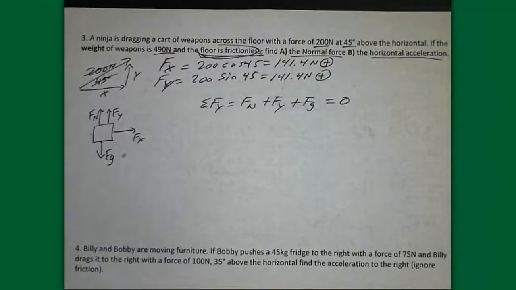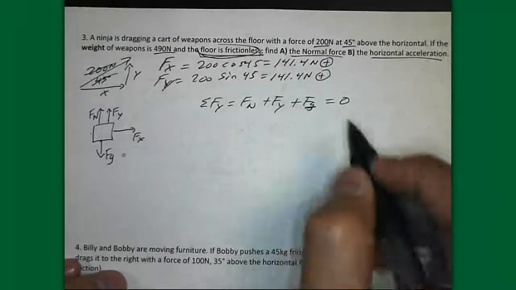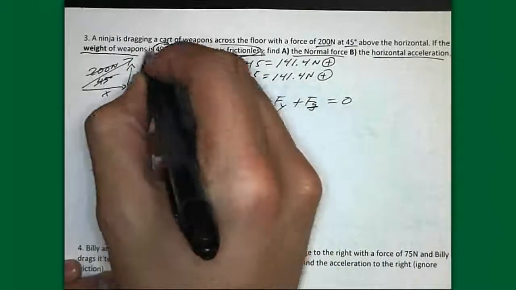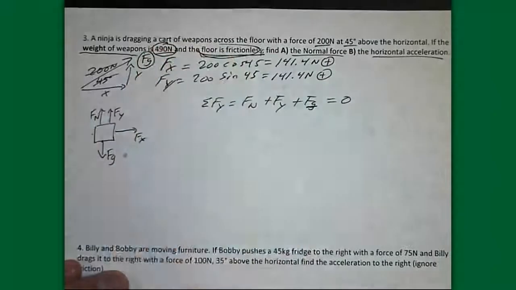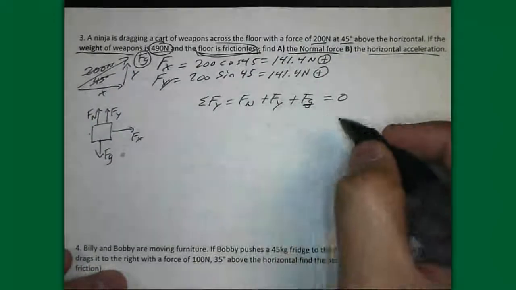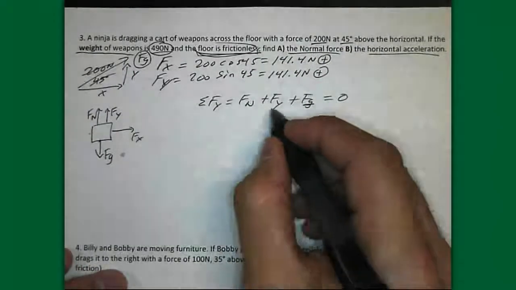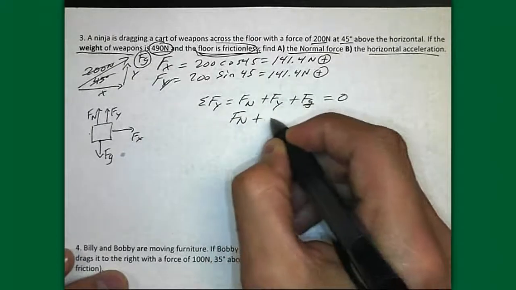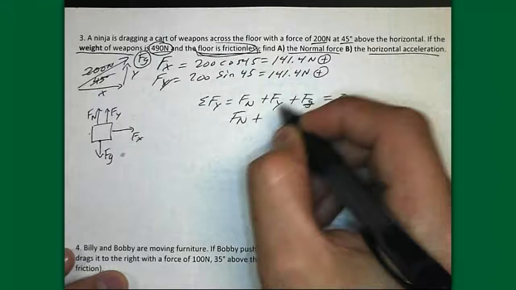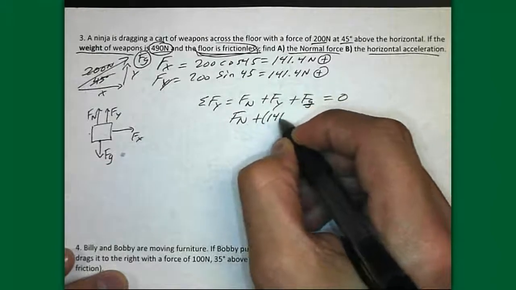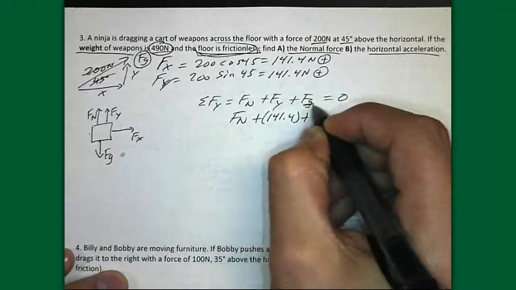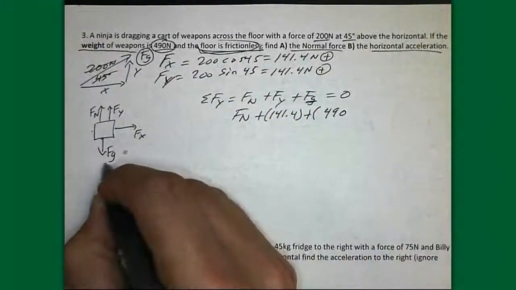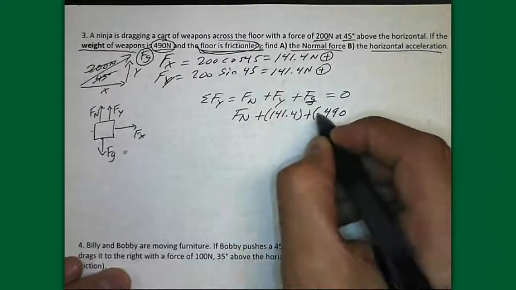Now, the interesting thing about this one is they've already given us the gravitational force. It said the weight of the weapons is 490 newtons. The weight is the force of gravity. So that makes this particular part a little bit easier because we already have everything we need. Normal force plus the y force, which we found to be positive 141.4, plus the force of gravity, which is 490, but it is negative because gravity is directed downward.